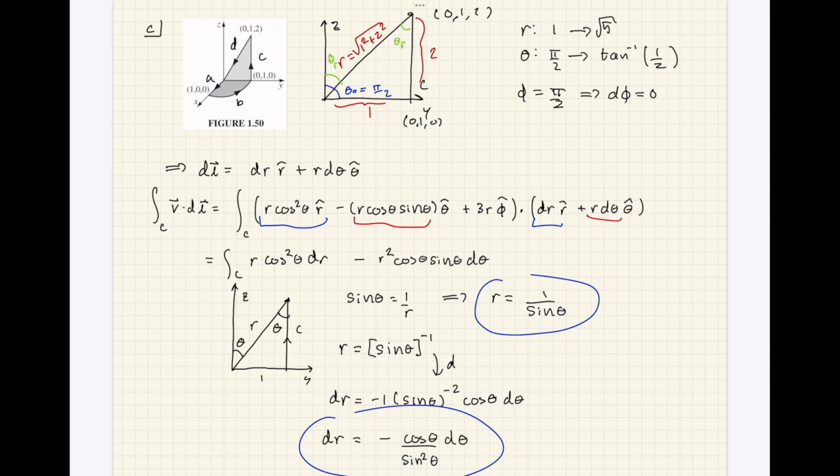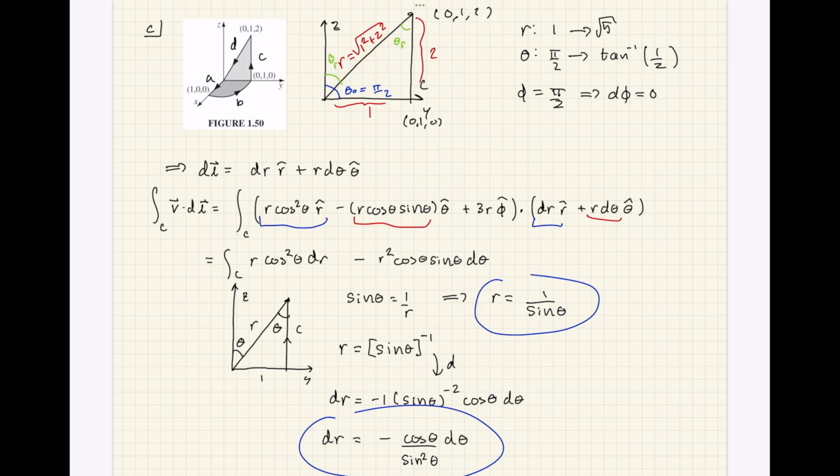Moving on to path C, it gets a little bit more complicated. Our r starts at 1, but then we end up over here, and we don't know that exact value yet. But we can solve for it, since we know we start out here and end here. We know the legs of the triangle, so we can use Pythagoras to get that radius.